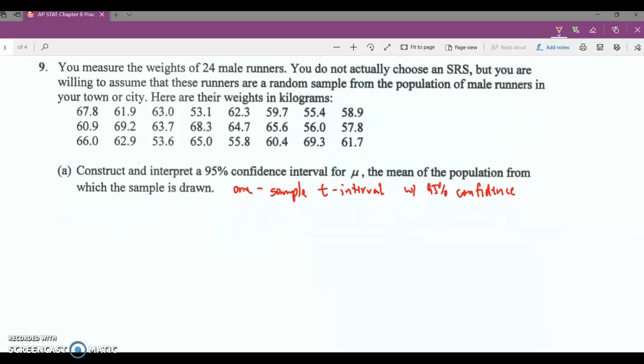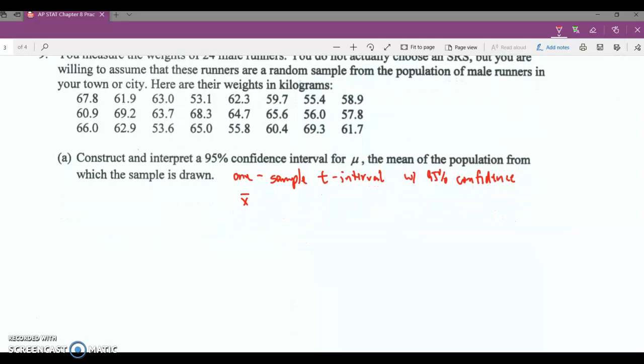The formula for that is x bar plus or minus t star with the appropriate degrees of freedom, n minus 1, times s, standard deviation of the sample, over root n.